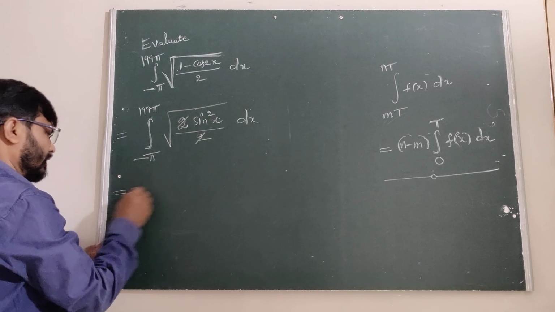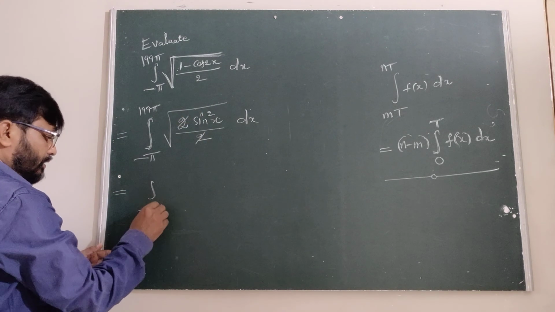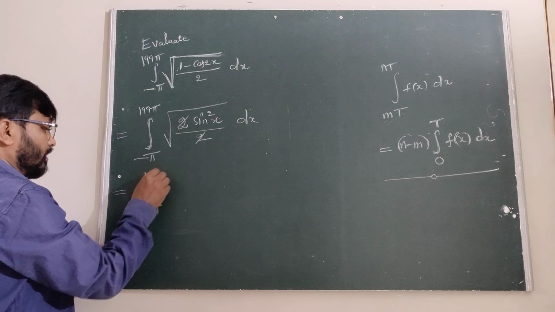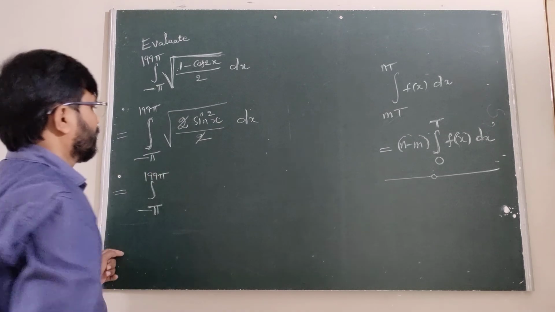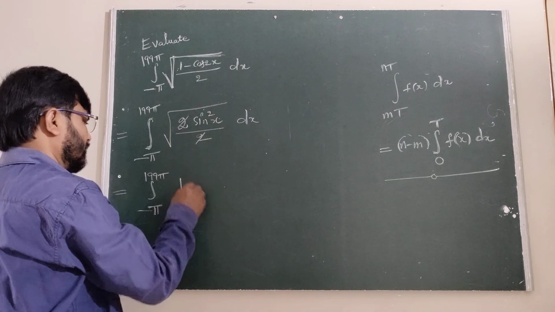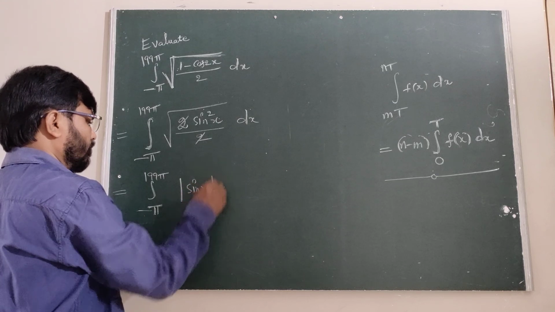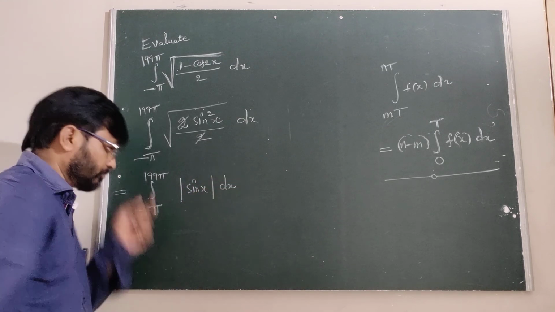Therefore now we can write the integral from minus pi to 199 pi. Now square and under root cancel. This is the mod of sin x dx.